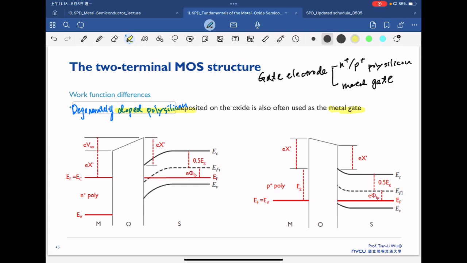So once we use a doped polysilicon, then this is a semiconductor. You can see this is a polysilicon semiconductor, so we still have the EV and EC, but now our Fermi level will be aligned with our conduction band, or our Fermi level will be aligned with our valence band.